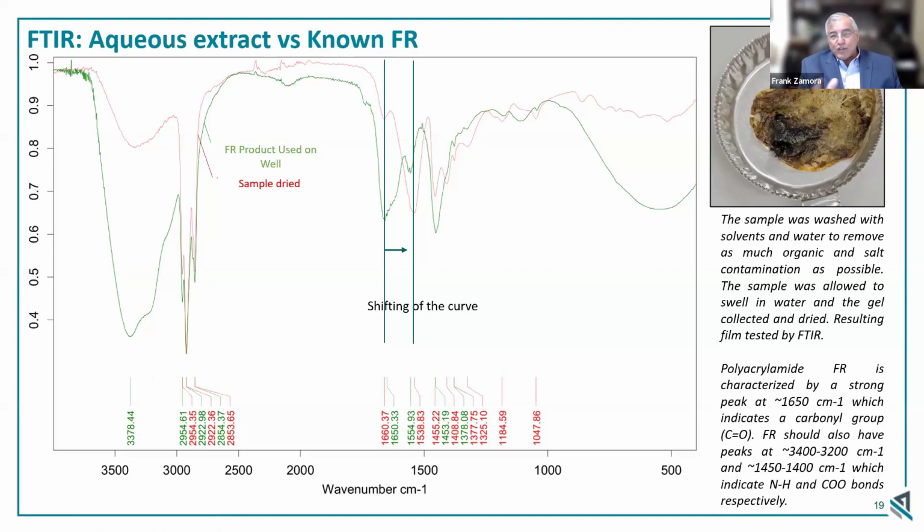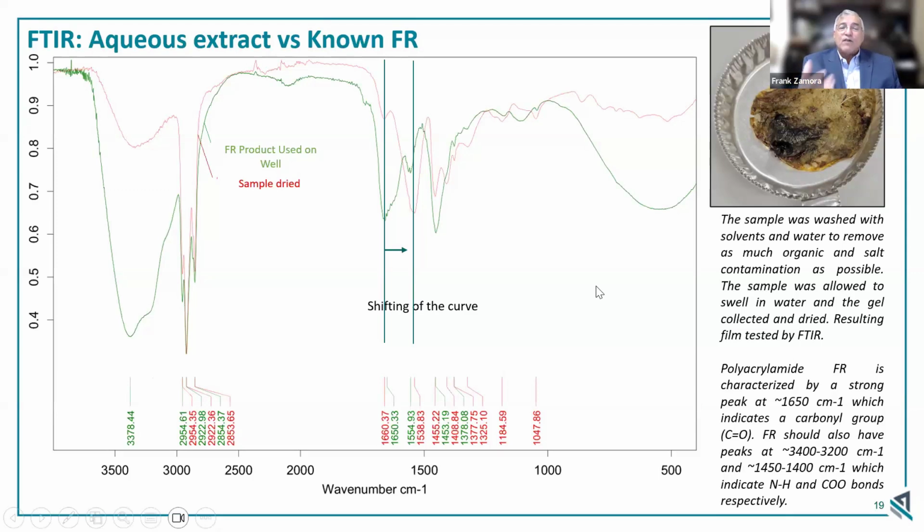So there is some curve shifting taking place here. Now, I am definitely by no means an FTIR expert, and there's so much to learn on just this one instrument alone. But what has been consistent is whenever we see an iron-crosslinked material, we sometimes see this shifting of the curve.